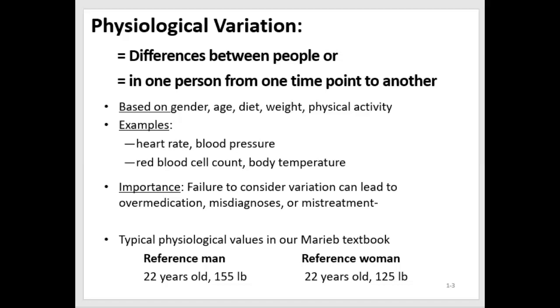Blood pressure varies from person to person, partly due to differences in age, gender, diet, weight, and physical activity, but also genetics. There's also some examples of variation due to gender. So between males and females, things like red blood cell counts, percent body fat, and body temperature can vary.